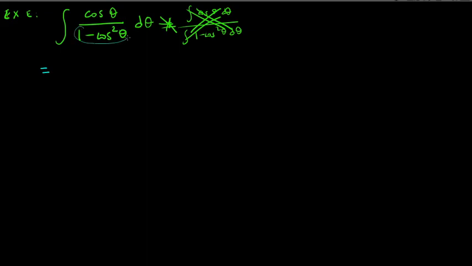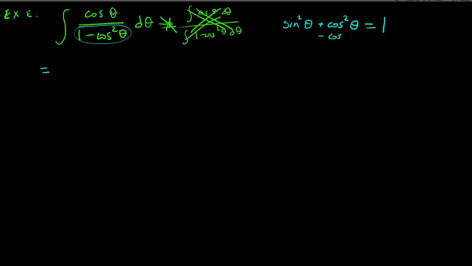If you look at the denominator carefully, this should look somewhat familiar. If you remember from your trigonometry, your pre-calc days, sine squared of theta plus cosine squared of theta is our Pythagorean identity. This is always equal to 1 for any angle theta.